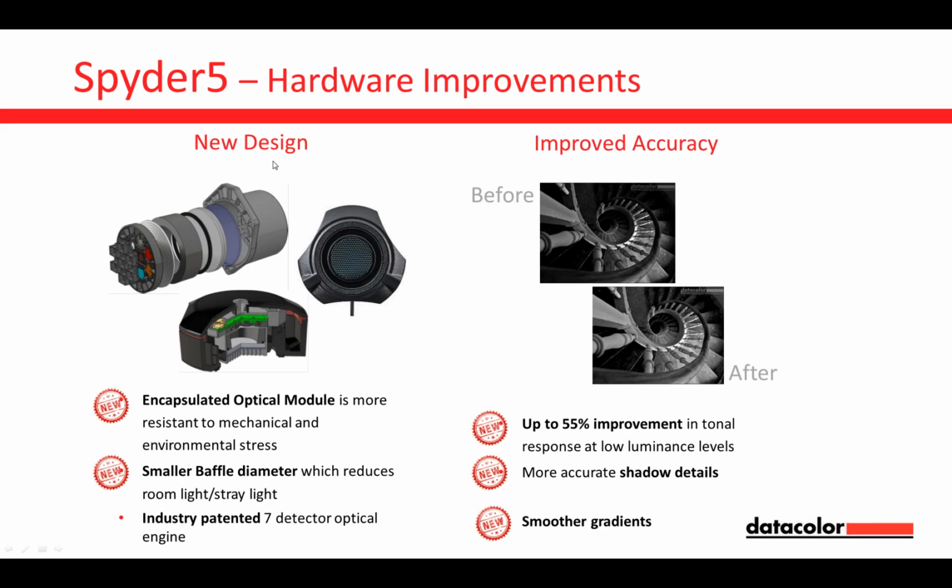Okay, but this is not the only new technology we have built in. We have much more to come, and therefore we have a new hardware design. What we have done is built and assembled all the optical components as one module. That's an encapsulated optical module where everything is in one capsule. You see, we have the filters.